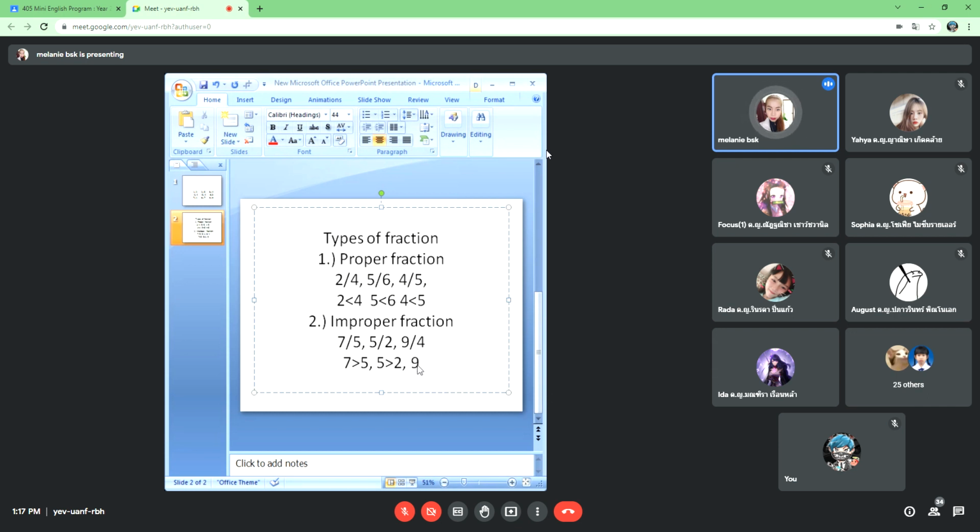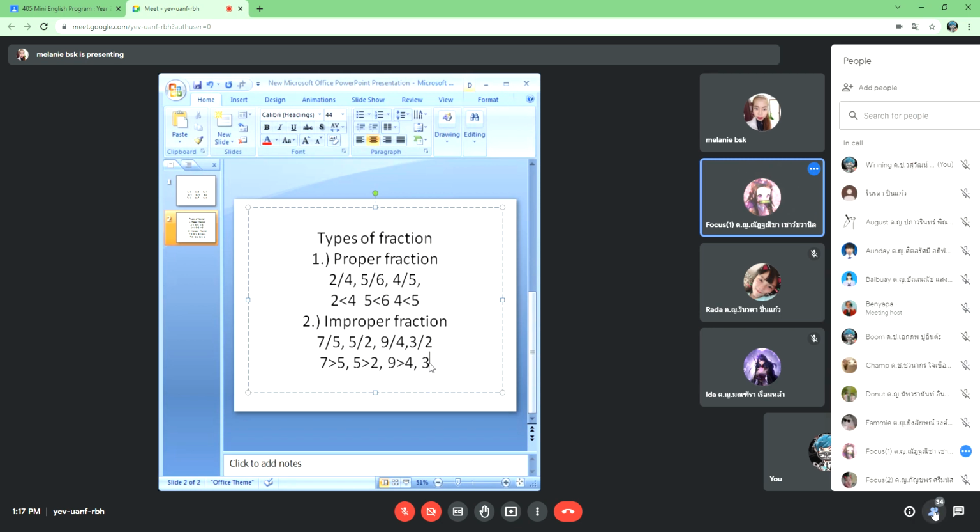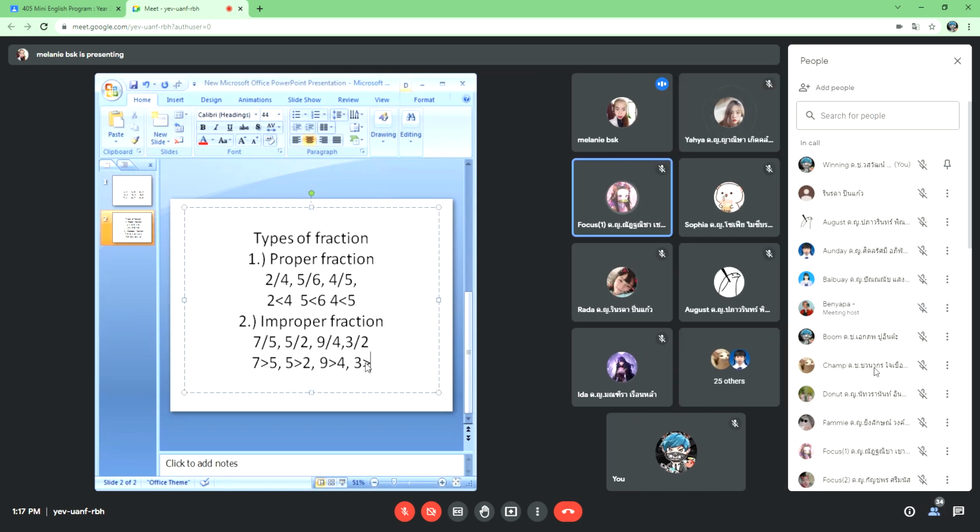It is yes, because 9 is greater than 4. Exactly. One more. How about 3 over 2? Is it an improper fraction? Yes. Okay, why? 3 is greater than 2. Exactly. 3 is greater than 2.